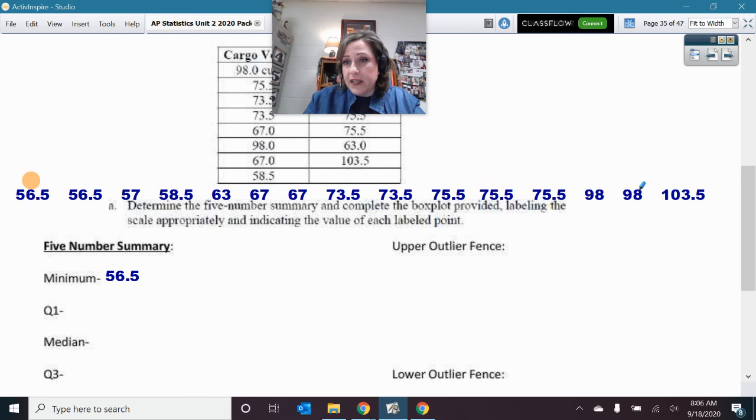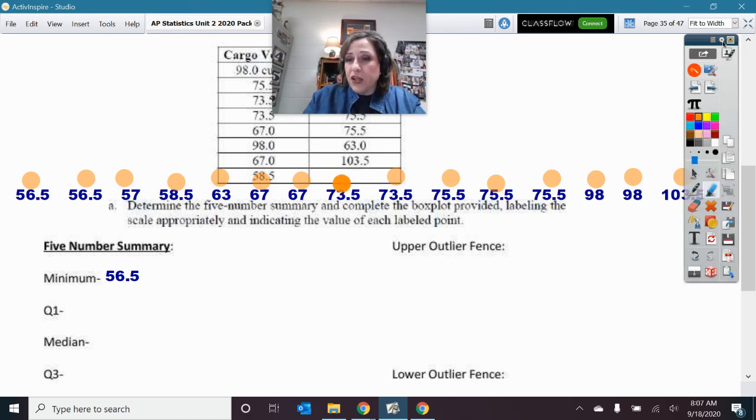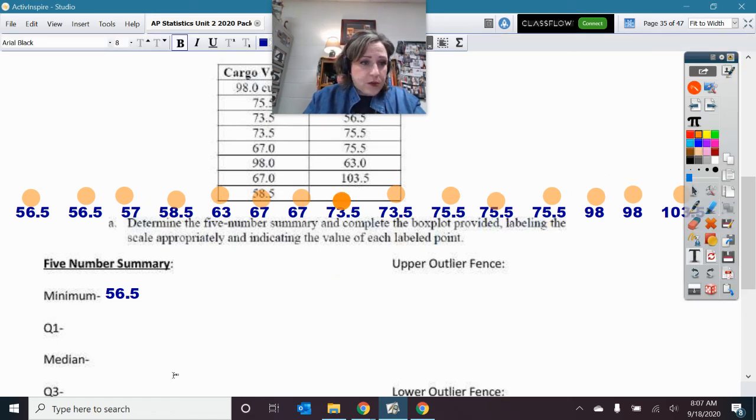I'll put a dot above these. So you have the top and the bottom, the top and the bottom. If you're knocking off these different top and bottoms, then you will eventually end up in the middle, and that will be your median. So there we have it. That median is 73.5. So that's what I'm going to write here, our 73.5.